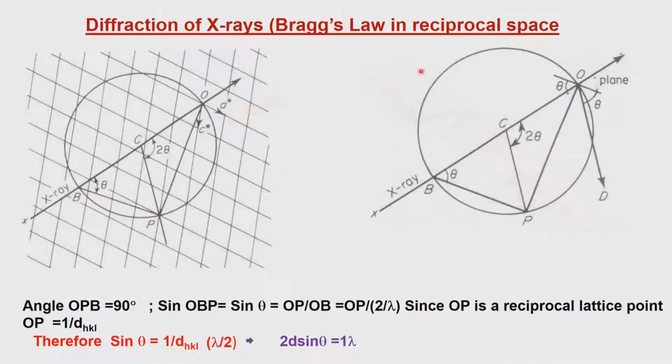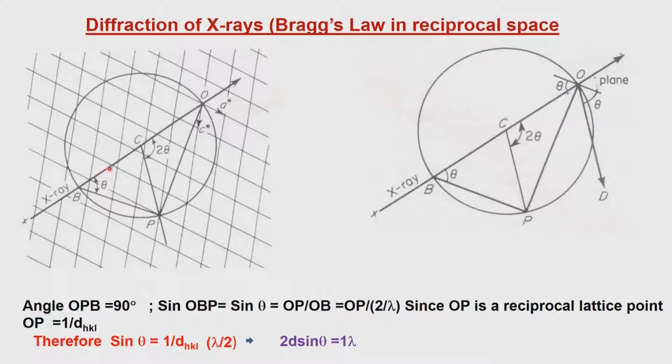Now, in this circle there are certain properties. The angle OPB is an angle in a semicircle, and an angle in a semicircle is always 90 degrees from our school days. So, therefore, OPB is 90 degrees. Now, you see that the sine of OBP, if you consider this as OBP, is the sine associated with the angle theta.